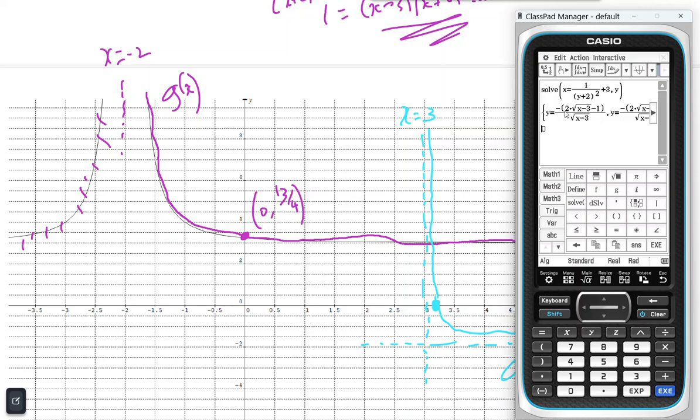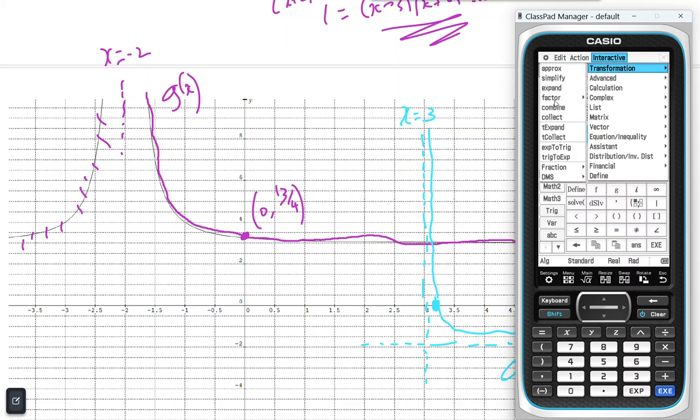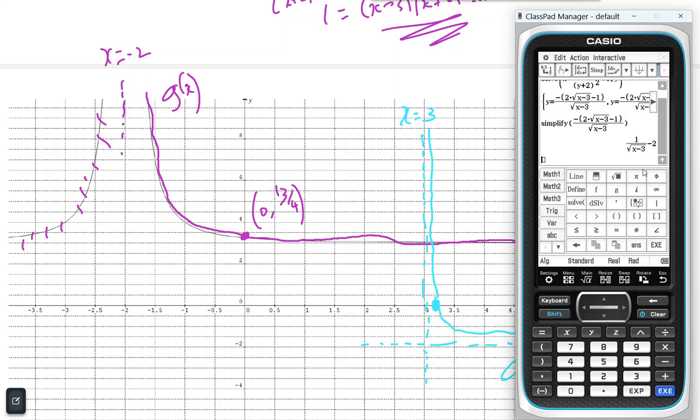And this one is positive 1 minus the square root. And this will give me negative 1 minus the square root. So if I take that and simplify it, that's my negative 2 plus, and that's the one that I want.